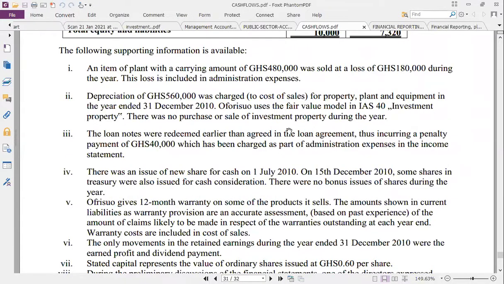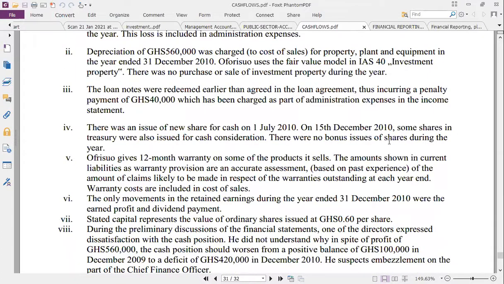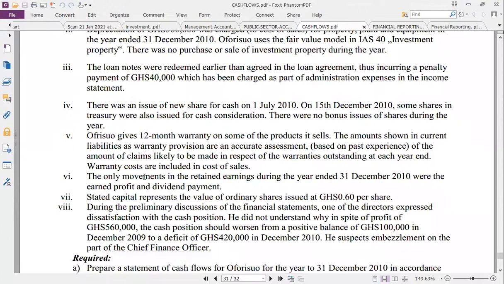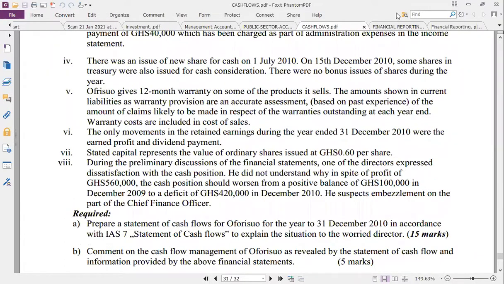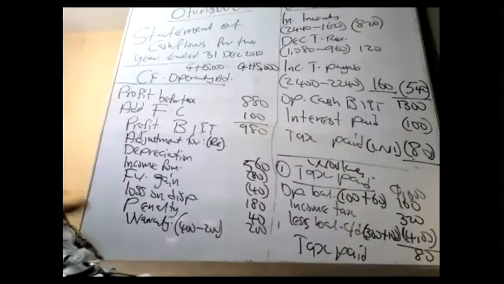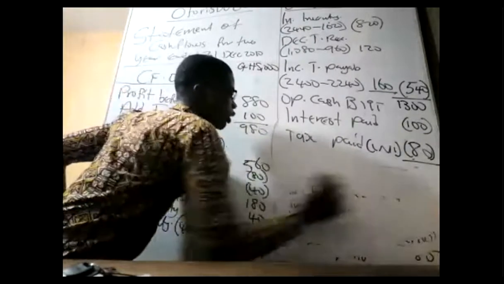Add 40 without it. No notes without it. I just continue. Number 1, 2 without it. Dividend. Okay, we look for dividend by ourselves. Okay, that's fine. So what is the total? So call it net cash flow from where?